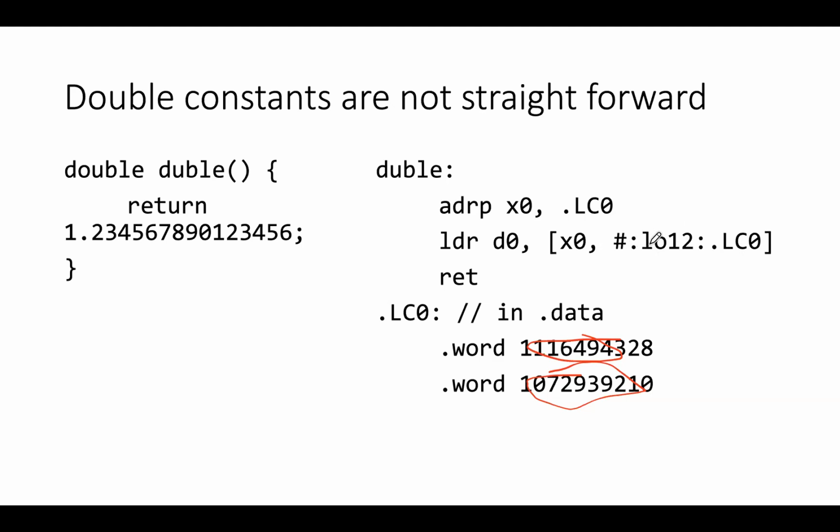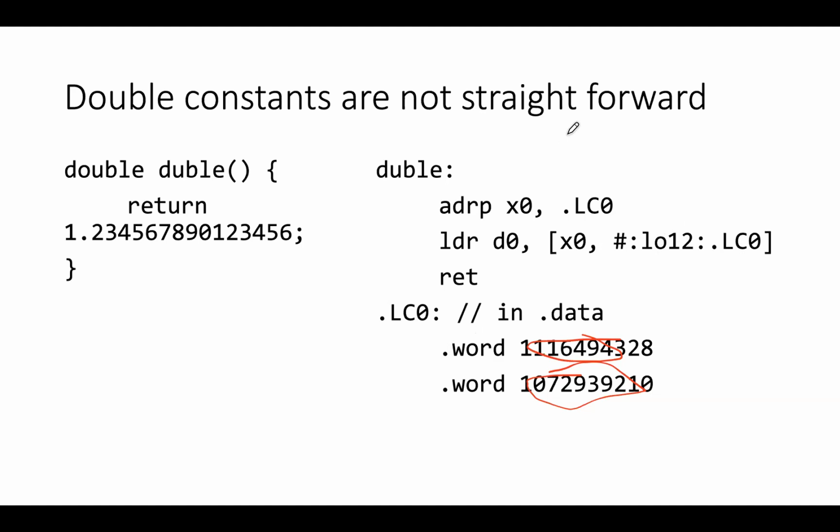It is computing the address of the LC0 label. But that doesn't even seem to be called LC. I'm so confused. Okay, whatever. Compiler does its thing.